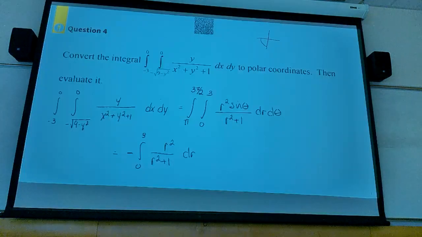First step, it has to be proper. What does it mean for a rational function to be proper? Whatever is on the top has to be... What do you mean by whatever's on top?